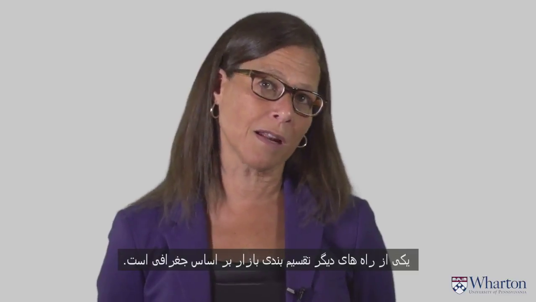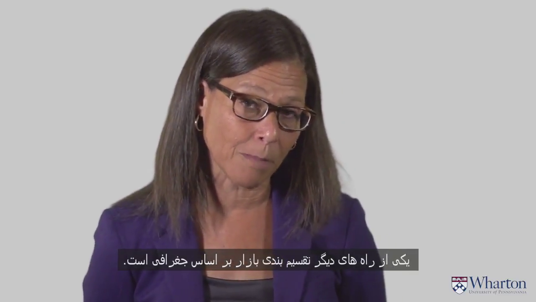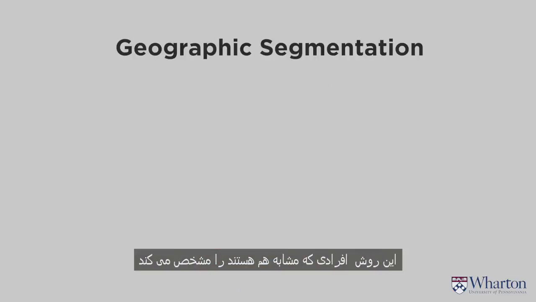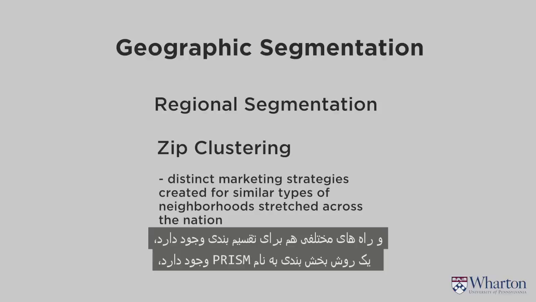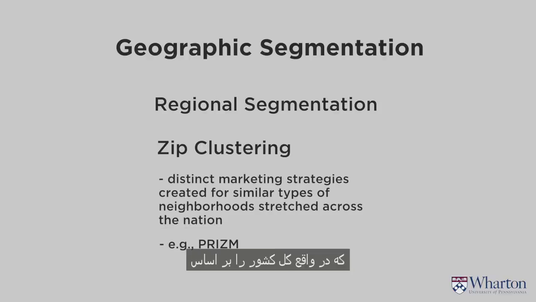Another way that markets tend to be segmented is by geography. It turns out that people who are similar tend to live together in the same neighborhoods. There are different ways to segment. There's a segmentation scheme called PRISM that defines the entire country based on these geographic clusters. And they're not defined necessarily by where they are.